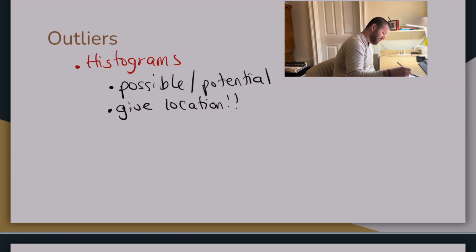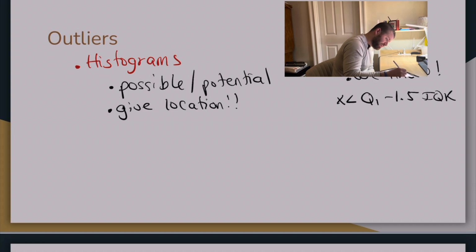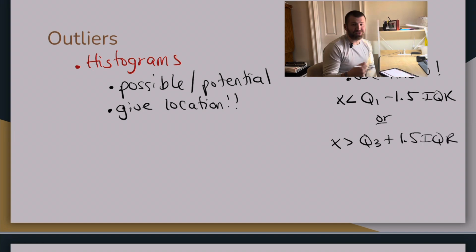Now, the other important thing here with box plots is the difference, I should say, is that now you know. Remember from the previous video, if you have a data point that is less than Q1 minus 1.5 times the IQR, or if you have a data point that is greater than the third quartile plus 1.5 times the IQR, you know for a fact.